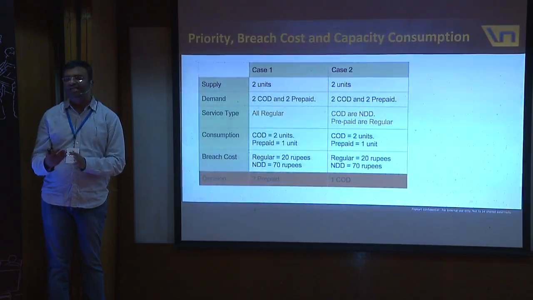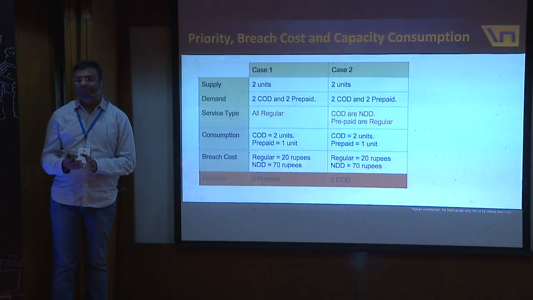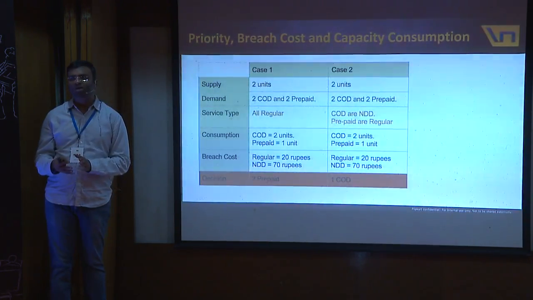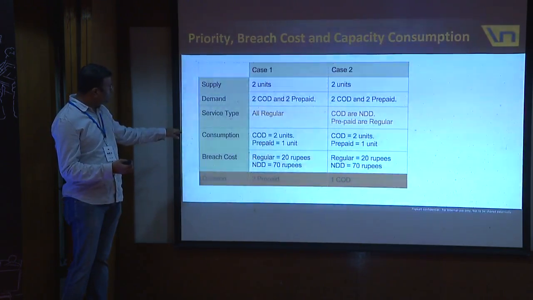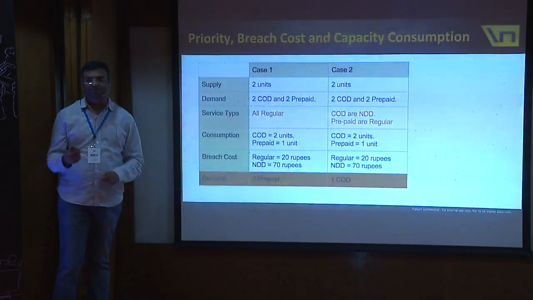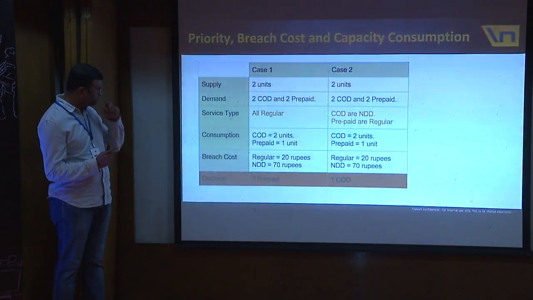If he does not have change, he has to somehow arrange for it and so on. So on an average, if the shipments are of type prepaid, we can deliver more shipments per hour. So the consumption here is COD consumes 2 units of capacity, whereas prepaid consumes 1 unit of capacity.